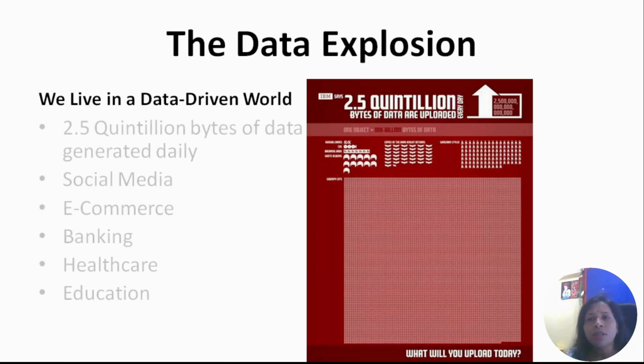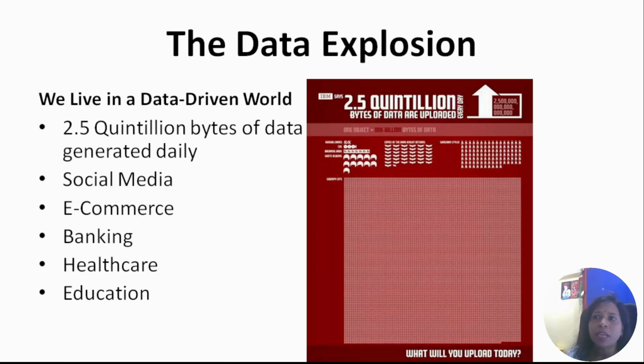Researchers estimate that billions of gigabytes of data are generated every day, and many industries like healthcare, banking, education, transportation, and e-commerce continuously collect and store a huge amount of data and information. So the challenge today is not collecting data. The challenge is understanding it and extracting useful insights from the data. So this is where data visualization becomes extremely valuable.